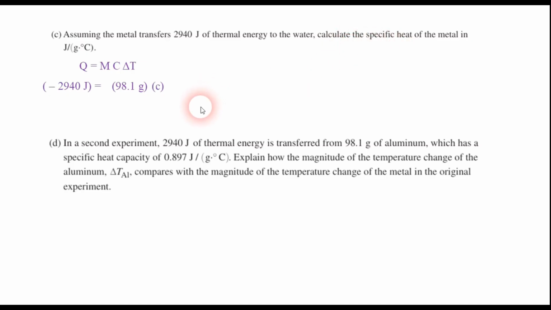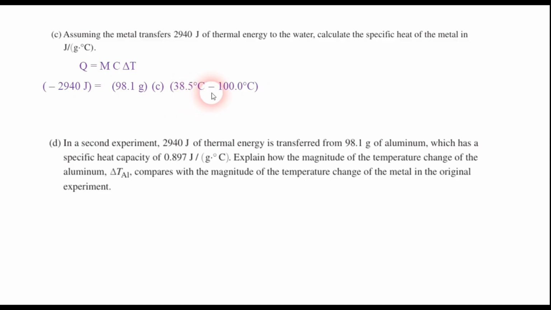And then we notice that the temperature of the metal dropped, didn't it? It started out in boiling water, which was 100 degrees Celsius, and then it dropped. And it said that the final temperature of the water was 38.5 degrees Celsius, so we can assume that the final temperature of the metal was also 38.5 degrees Celsius. So our delta T is final minus initial.